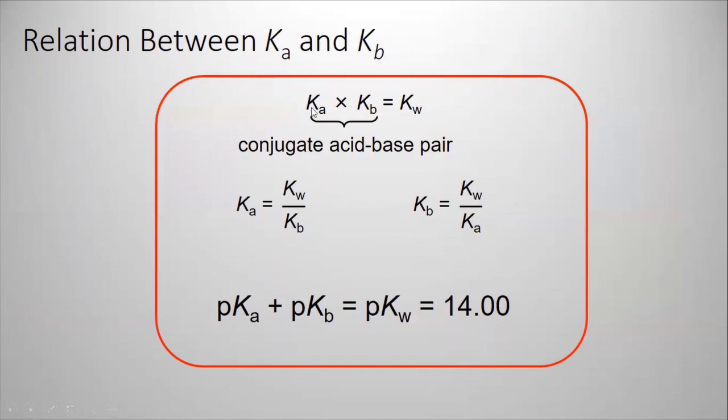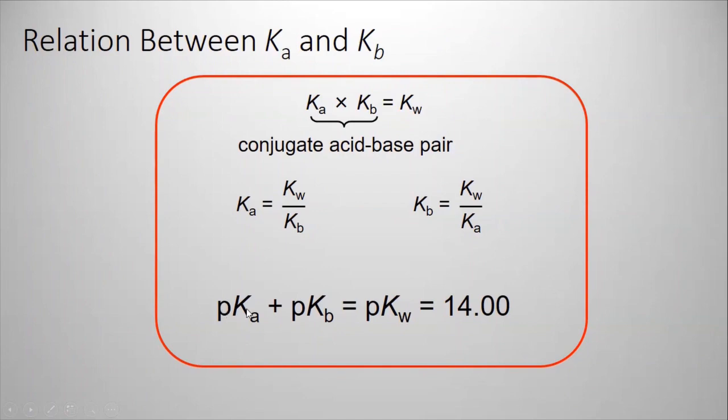Ka is the acid dissociation constant, Kb is the base dissociation constant, and Kw is the ionic product of water. So clearly you can find the other by dividing. If you're calculating Kb, divide Kw by Ka. If you're calculating Ka, you divide Kw by Kb.